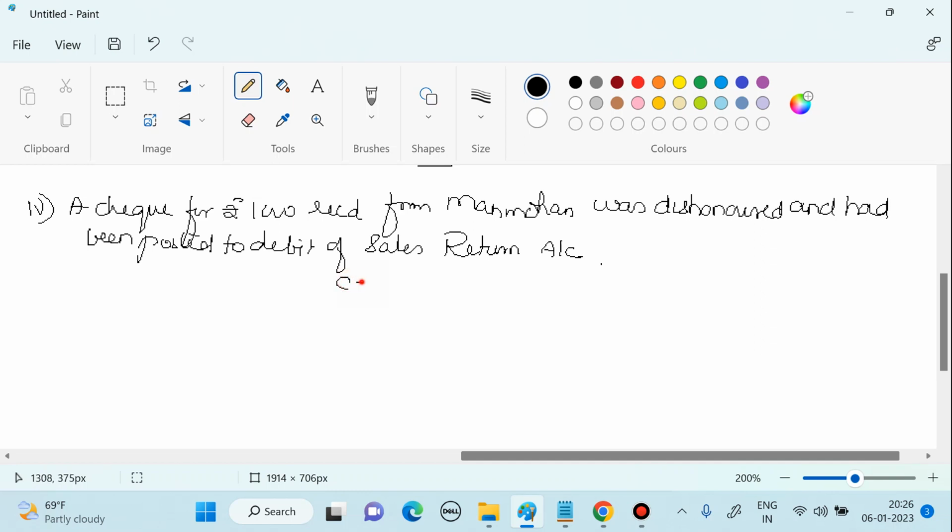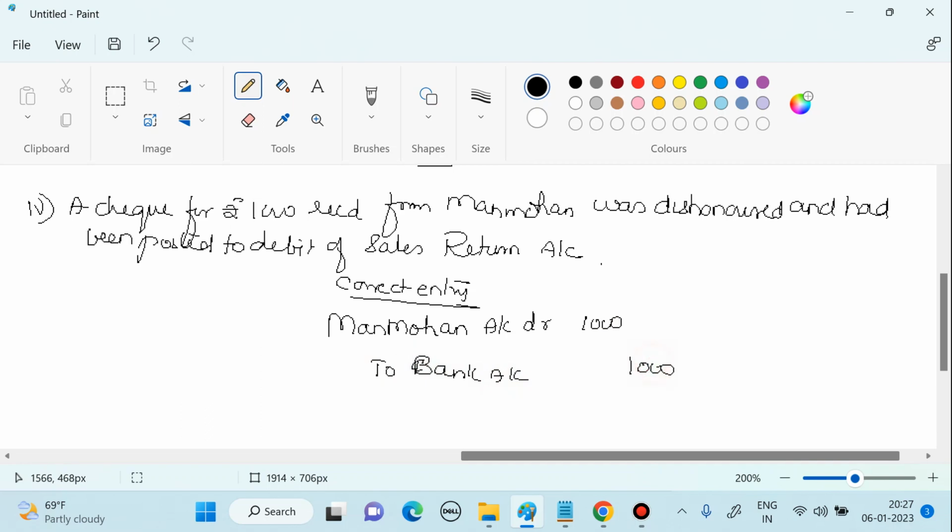So the correct entry would have been debiting Manmohan account. By debiting him, you are creating a debit in his account to show that he is still the debtor of the business, and you're crediting bank to nullify that effect on the first entry when you received the check, you had passed bank account to Manmohan. To nullify that, you have reversed that entry.